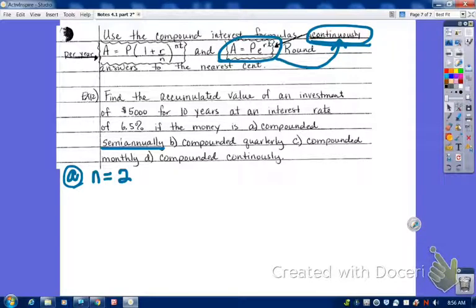T stands for time. You may not know what P stands for, but I bet you could figure it out. Dr. Scrimpture is our principal, but in mathematics, when you go to the bank and you invest money or borrow money, that is called your principal amount.